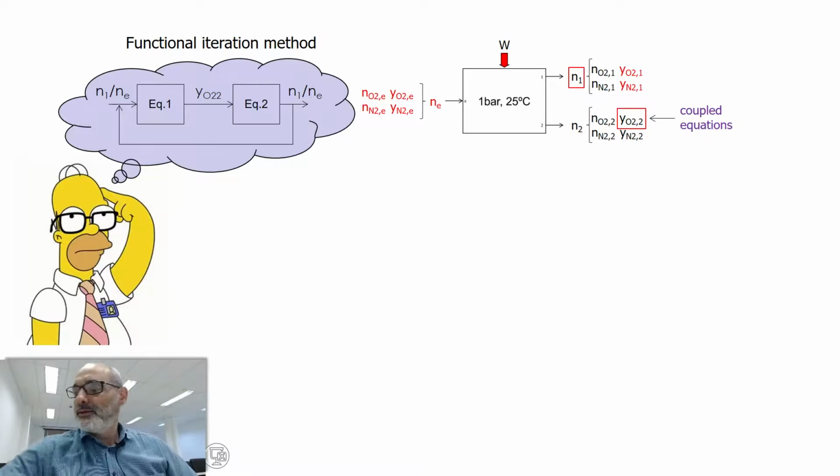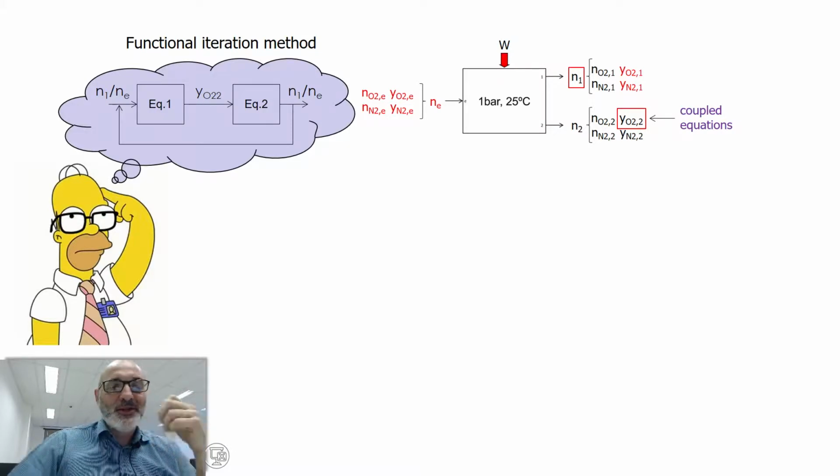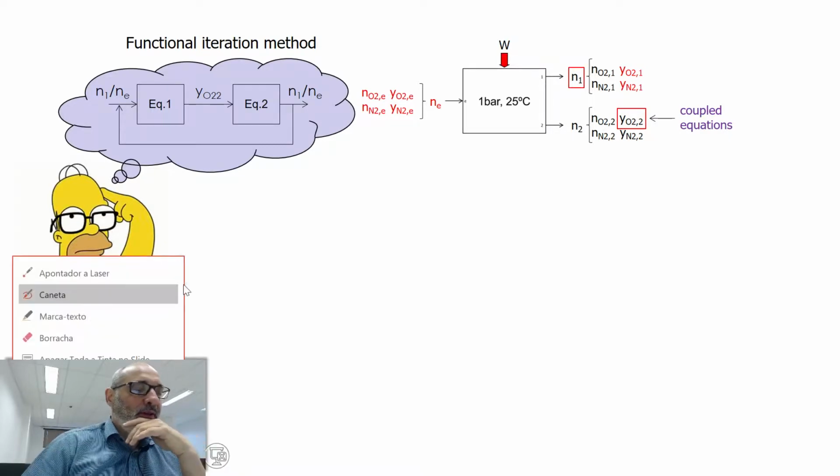Actually, I don't know if I have time. Yeah, I have time. I'm going to show you 2 methods to solve this problem. A very widespread method. 99% of engineers, especially traditional engineers, use this method that we call the functional iteration method.